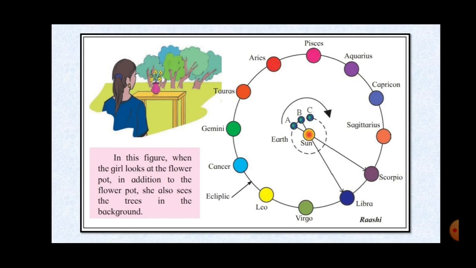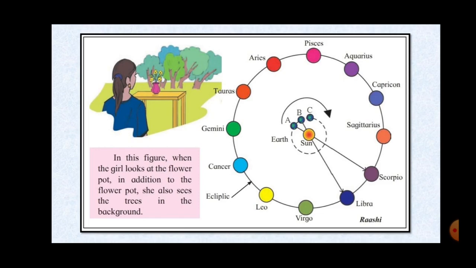Now, as the earth keeps on changing its position, the different constellations or the zodiac signs or the rashis appear behind the sun. See, with the help of this picture, you can very clearly see the sun is in the center and A, B, C are the positions of the earth, and these different constellations are present around it. So as the earth is moving, the constellation changes.